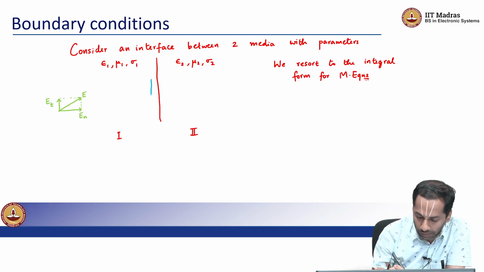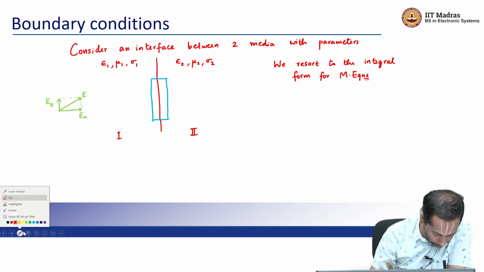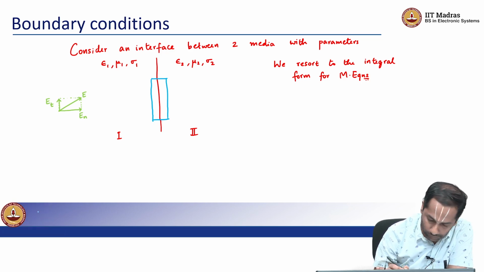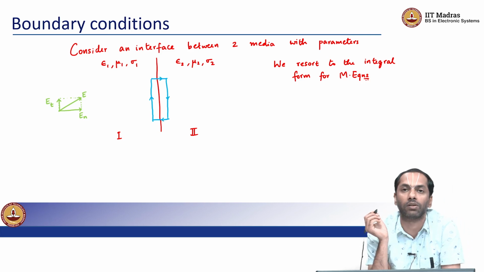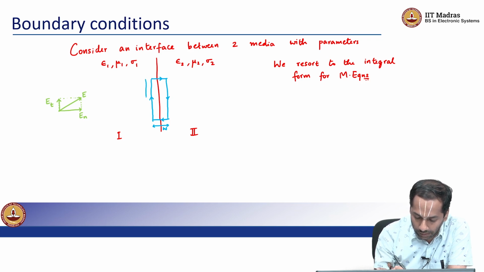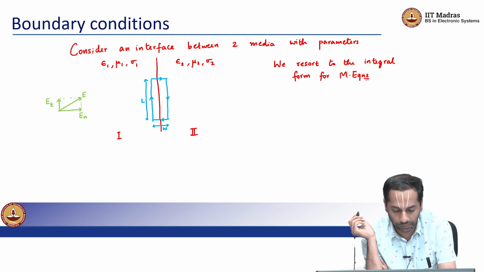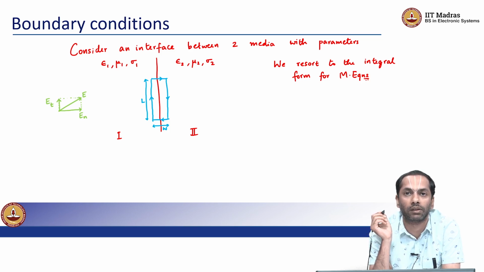So let's consider a loop. Okay, so we are considering a closed contour where let us say that this width is W and this width is L. And I am going to apply Faraday's law.